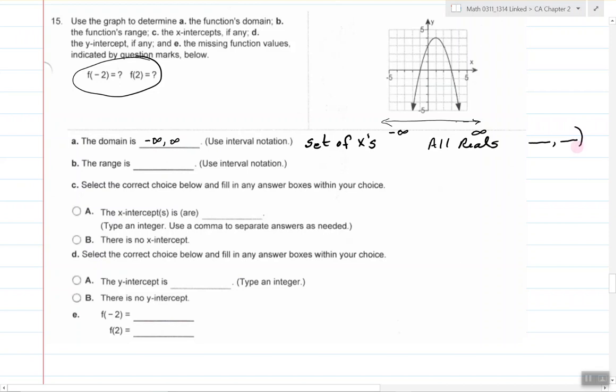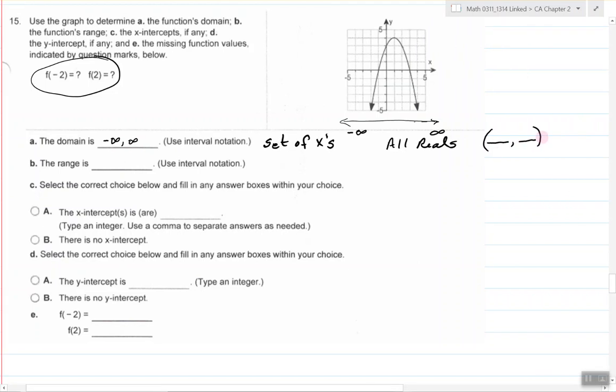Infinity always gets parentheses. Parentheses mean that it does not actually stop at that value. It does not contain it. You can never contain infinity, so it is negative infinity to positive infinity. And anytime you want to talk about all the real numbers, smallest negative infinity, largest positive infinity.